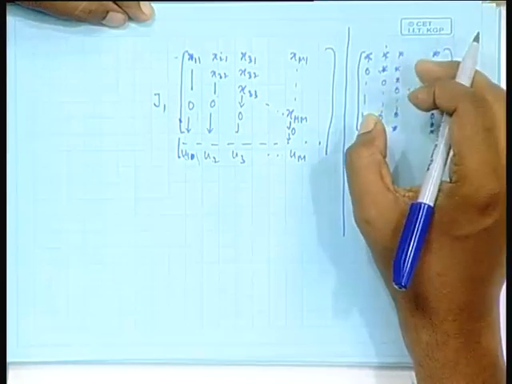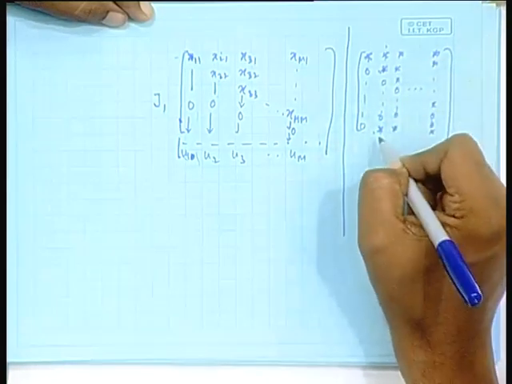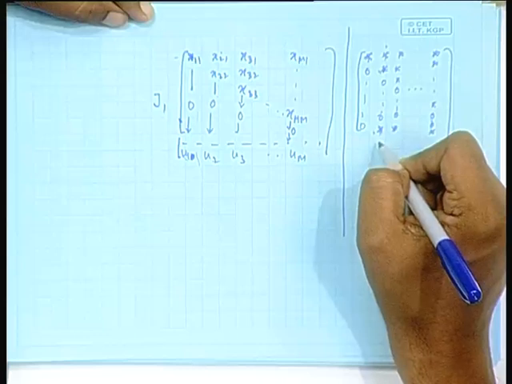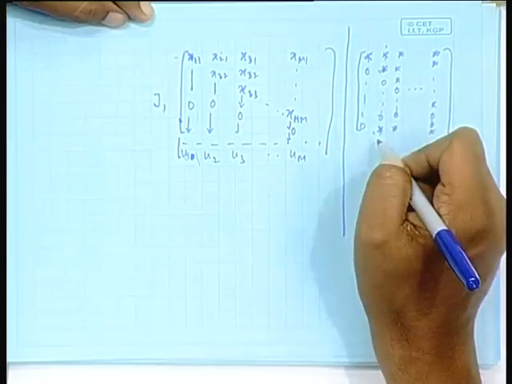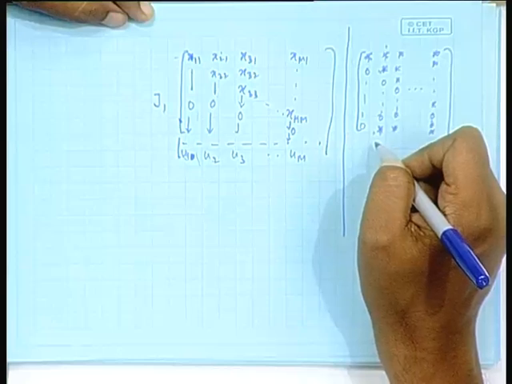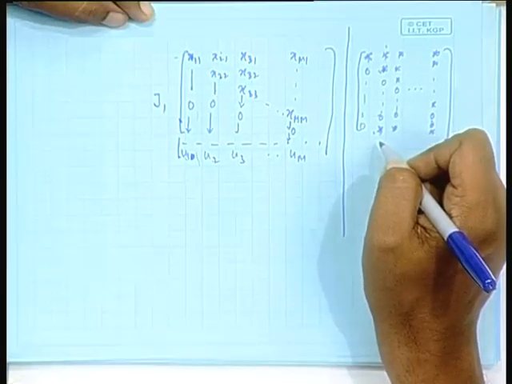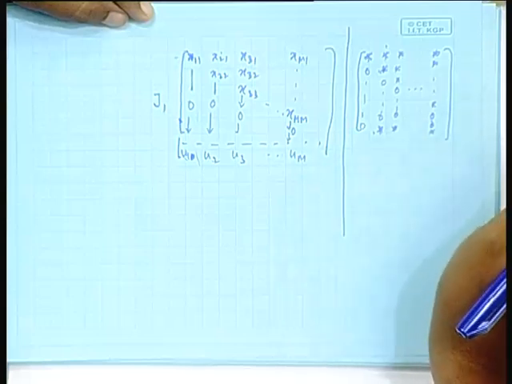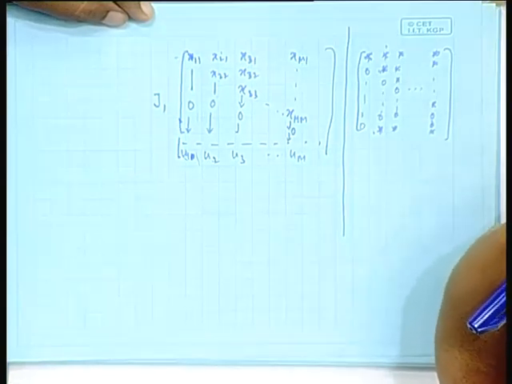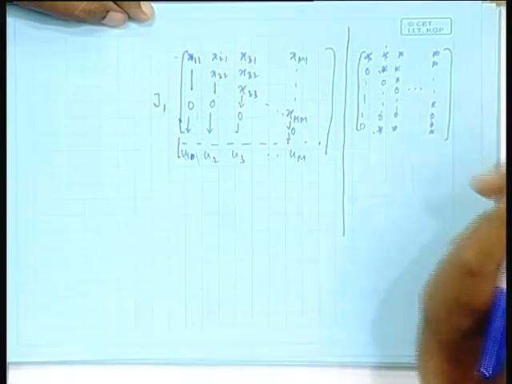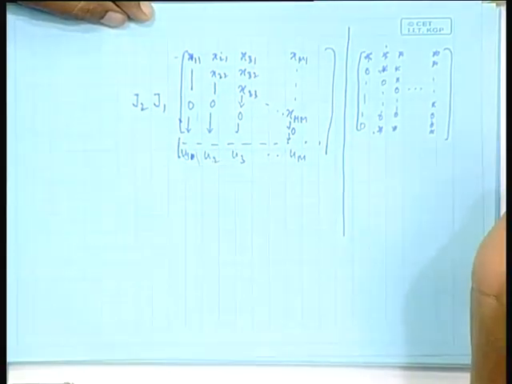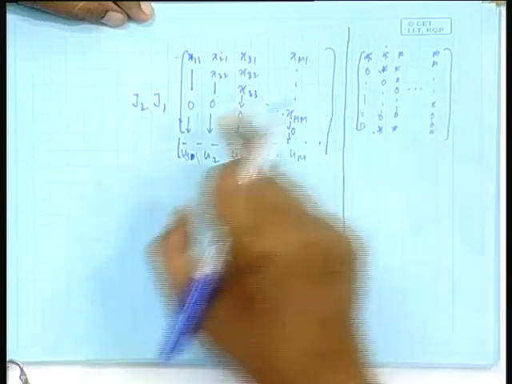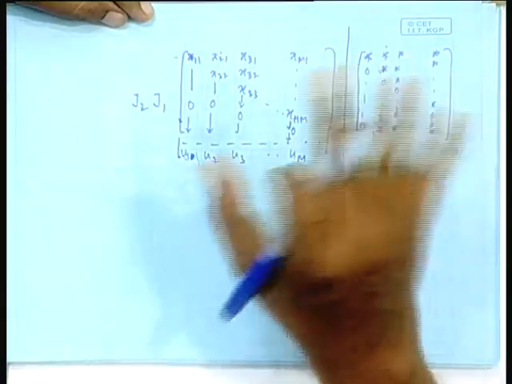So I will be rotating; I will annihilate this, and this will become the square root of the sum of the squares of these. That will be J2. I am not writing J2; you can put cos theta, sin theta in appropriate places.